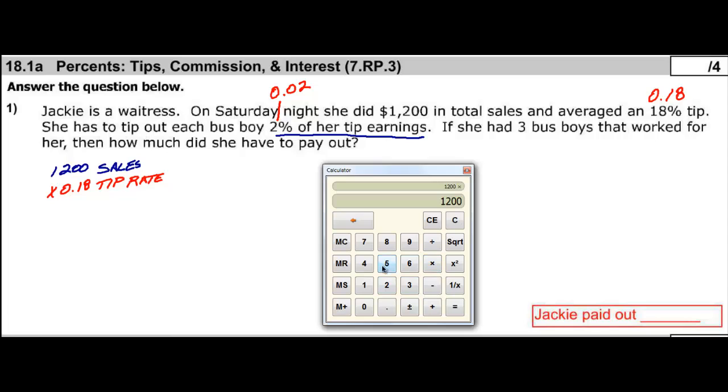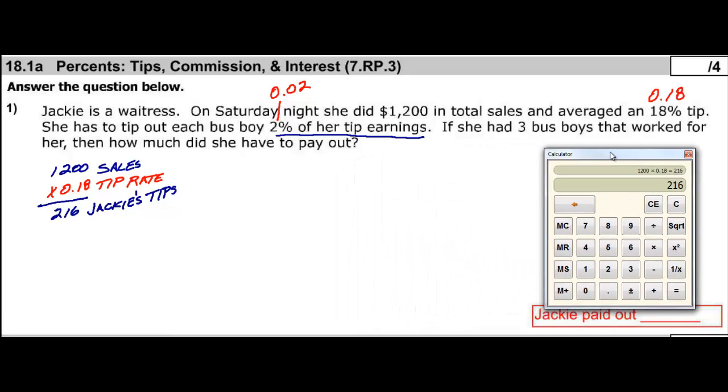So $1,200 times 0.18 equals... Jackie earned $216. Those are Jackie's tips.